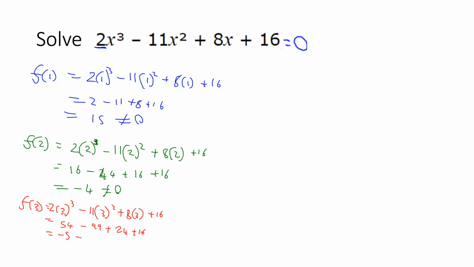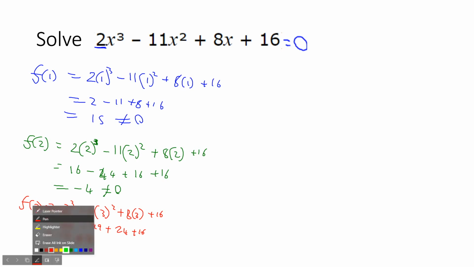So still not 0. Okay. I mean, this is just how the factor theorem works sometimes, but we're getting a little bit unlucky. No worries though. Let's try f of 4. Surely, 4th time's the charm.